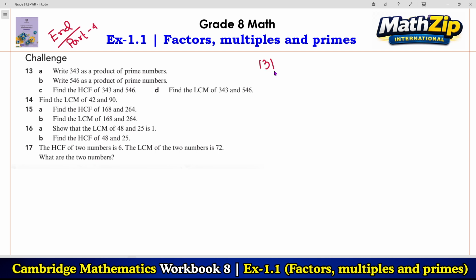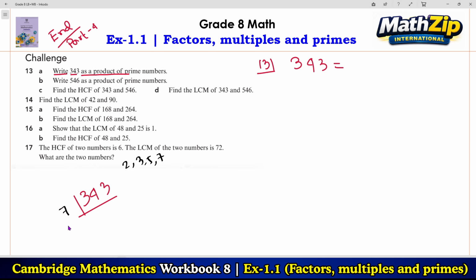Question 13 challenge. Here it is mentioned: write 343 as a product of prime numbers. This number we cannot divide by 3 or 5. Let's try the next prime number after 5, which is 7, because first we try 2 if it is even, then 3, then 5, then 7, like this.